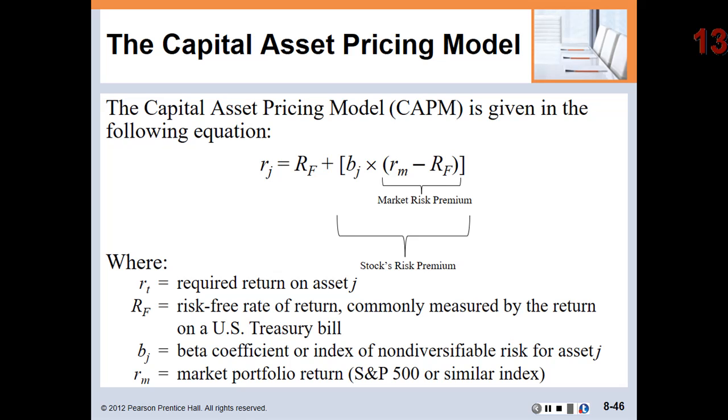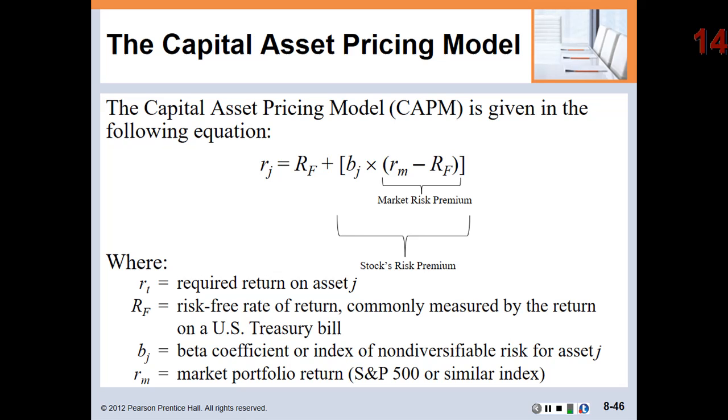All stocks, all bonds, all real estate, all gold, all silver, all artwork, all antique cars, everything. But again, we don't have a true measure for that. So to make it a little bit easier, we normally use something like the return of a stock index, such as the S&P 500 or the Dow Jones Industrial Average, a number that we can easily obtain. And then we subtract from that the risk-free rate. So again, you're just given these numbers, you're just plugging them in.